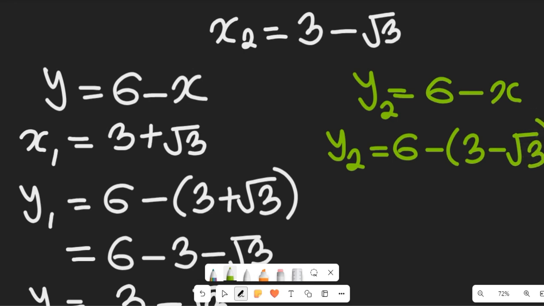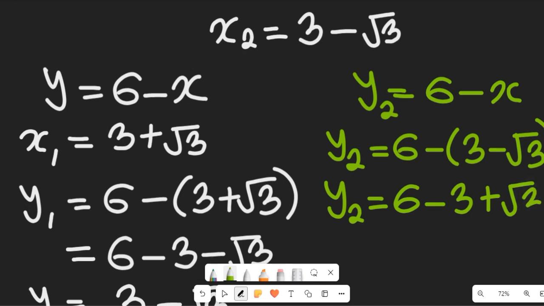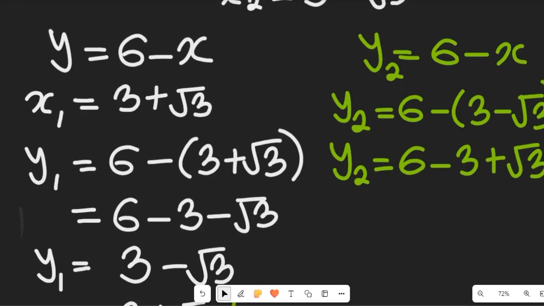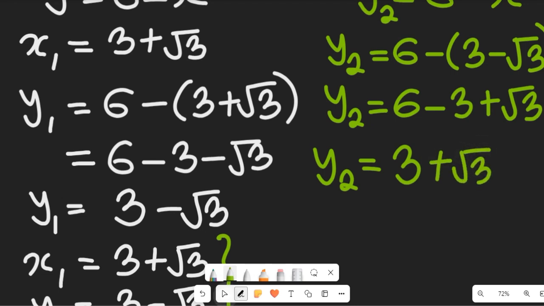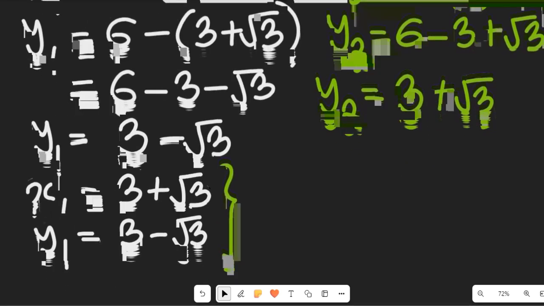So what do we have here? We have y2 equal to 6 minus 3 plus root 3, so 6 minus 3 is 3 plus root 3. So our y2 is equal to 3 plus root 3.